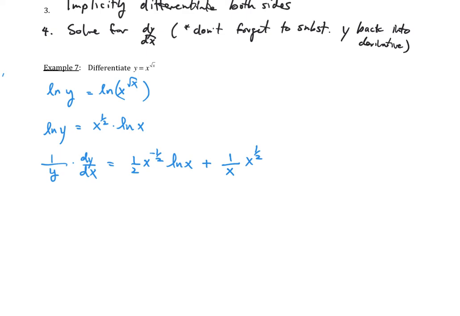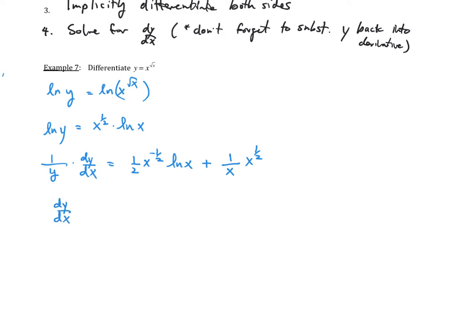In the fourth step, we really want to isolate the dy dx. So to do that, we're going to multiply both sides by y. So after multiplying both sides by y, on the left-hand side, you're going to have dy dx.